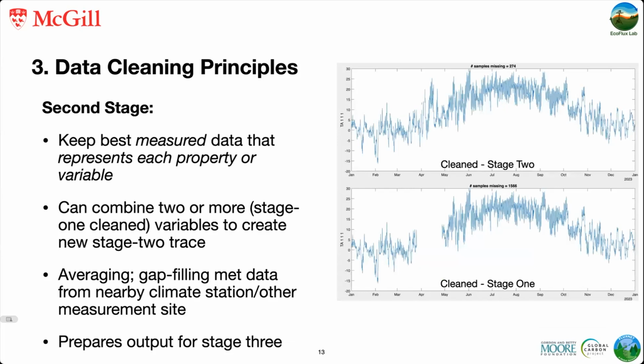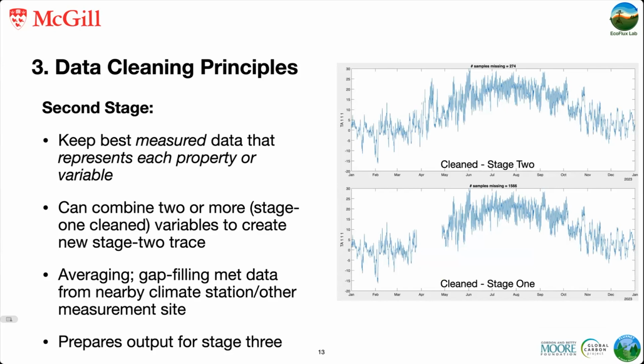So moving on to the second stage principle, you want to keep the best measured data that represents each property or variable. So for stage 2, you're essentially modeling the data based on the best first stage sensor output that you have. And you can do this by combining 2 or more variables to create one new trace.